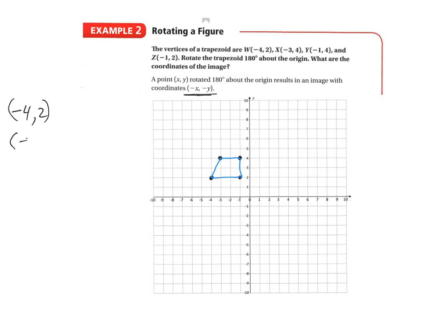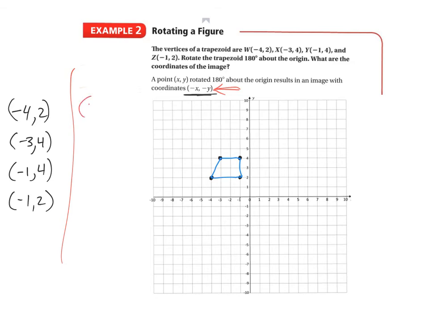The second one is -3, 4, -1, 4, and -1, 2. And then we're going to make our rotations. And remember, basically all we're going to do is do the opposite of x and the opposite of y, as it says right here. So we're going to go 4, -2.